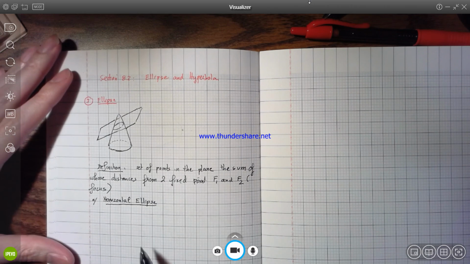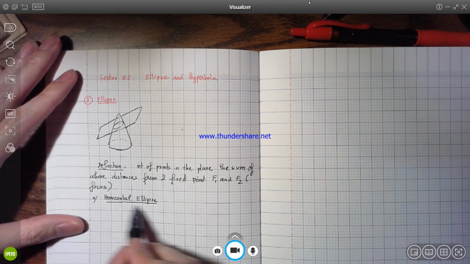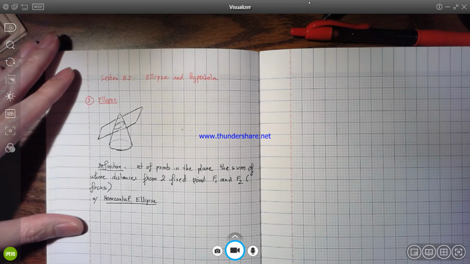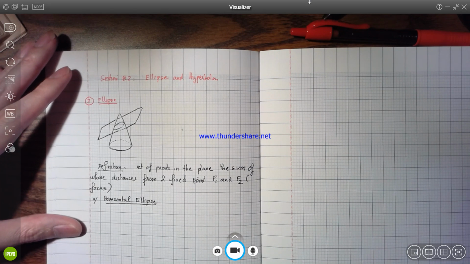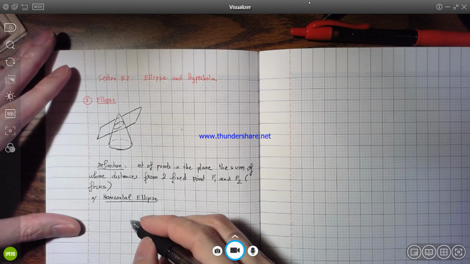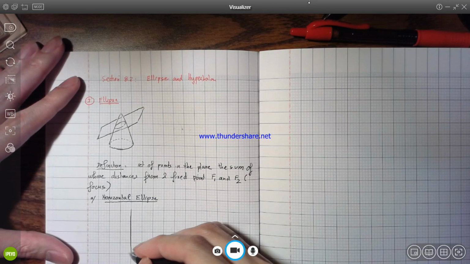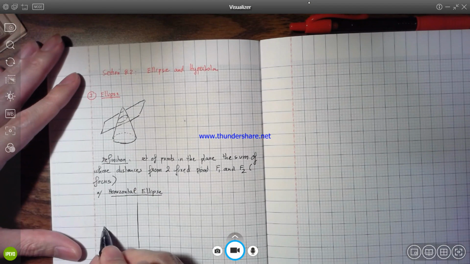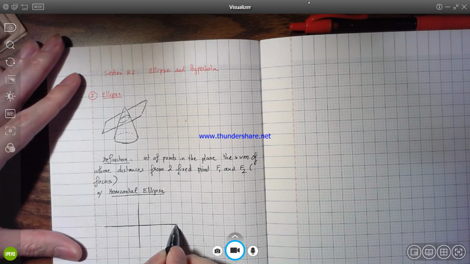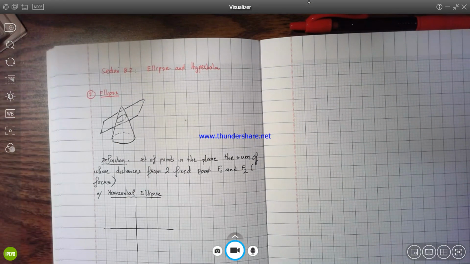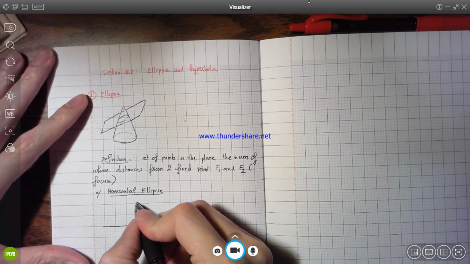In this horizontal ellipse, the center will be at the origin. So I will draw a coordinate system, and I will draw an ellipse.